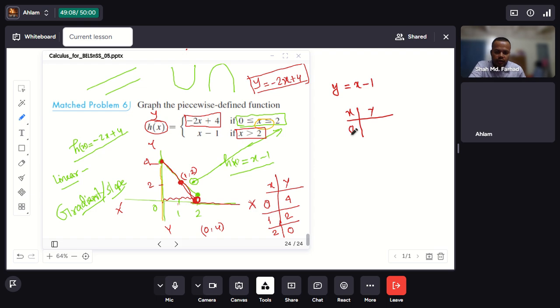If we start with 2, then we have 1. Now, if we put 3 here, then we will have 2. If we put 4, then we will have 3, right?